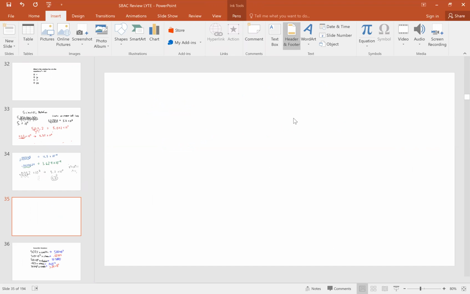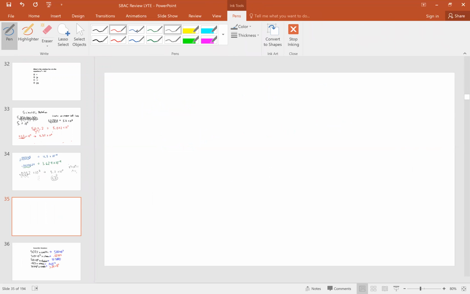So if you were to go from scientific to standard, right? If they said do 5.2 times 10 to the fourth in standard notation, so that means just write it without the 10 to the power of something, right?